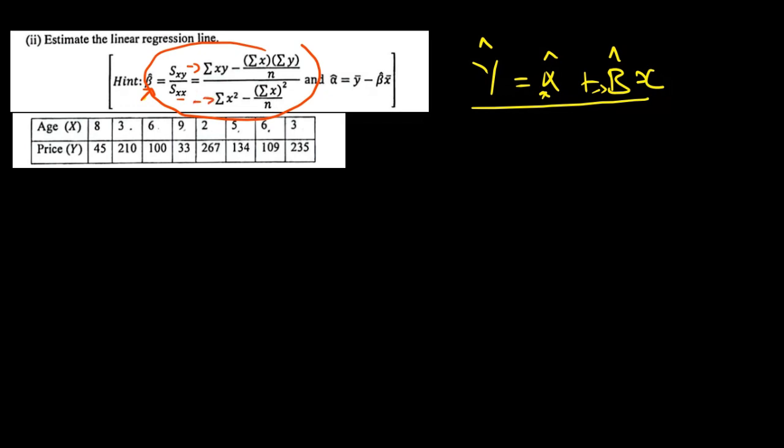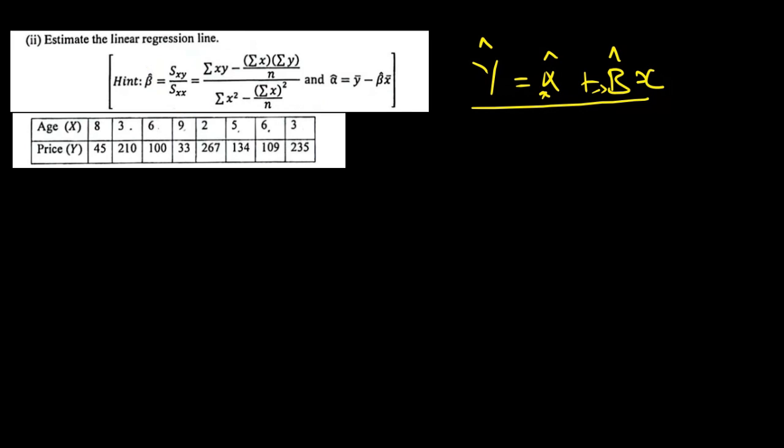And how do we find the a cap? A cap is simply given by the mean of y minus the b cap that we find from here, multiplied by the mean of x. We can find all these values from the calculator, but since it's online, I can't show you that, so I'm going to find them manually.